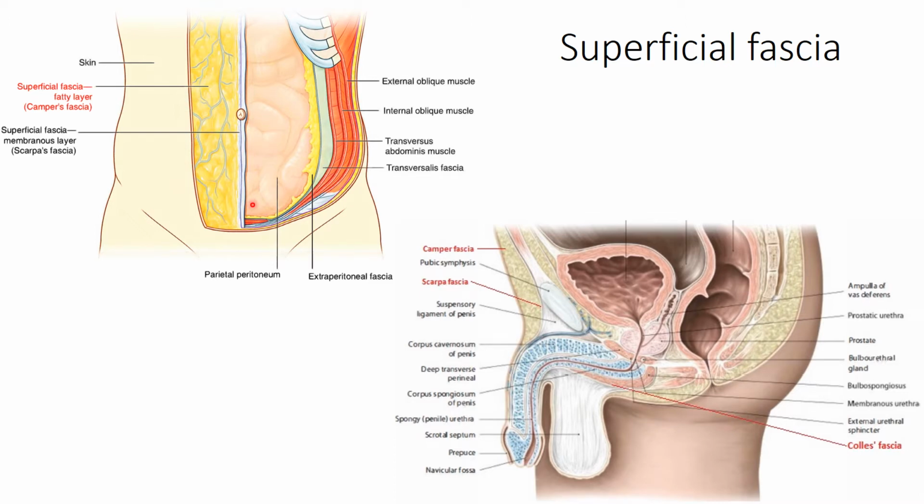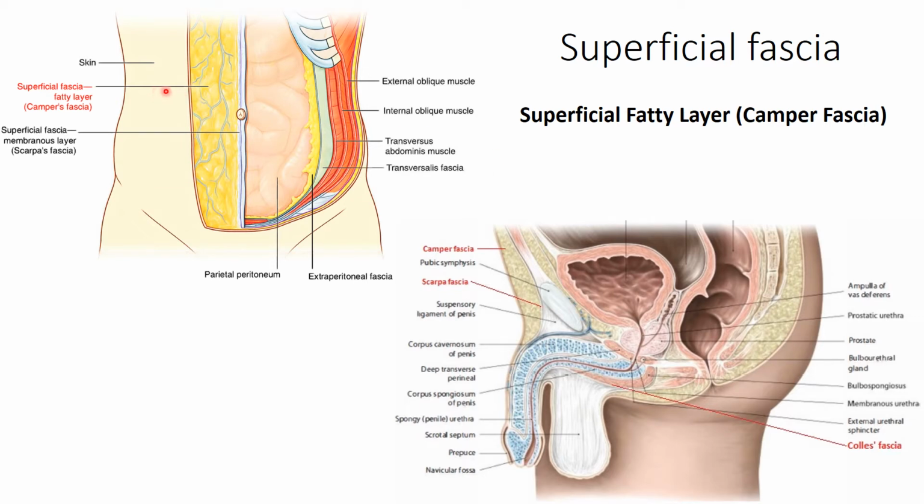Now inferior to the umbilicus, because the deeper part of the subcutaneous tissue is reinforced by many collagen and elastic fibers, it is divisible into two layers: a deeper layer having more elastic fiber known as fascia of Scarpa or the membranous layer, and a superficial layer containing more areolar tissue and fat, known as fascia of Camper or the fatty layer.